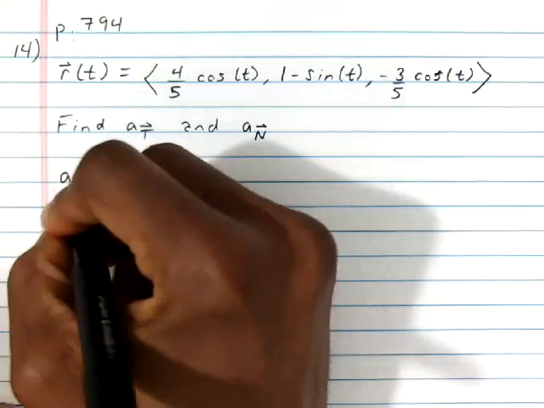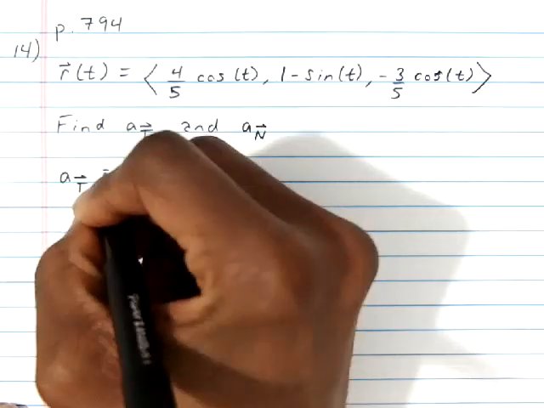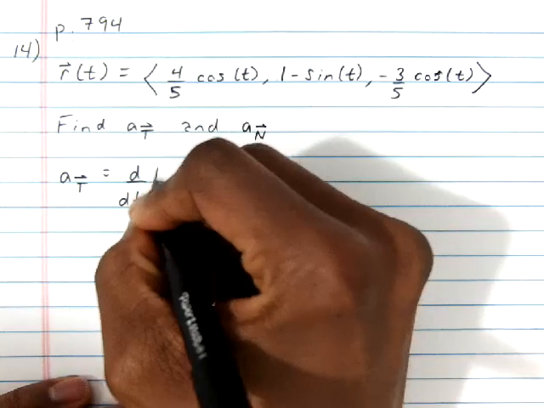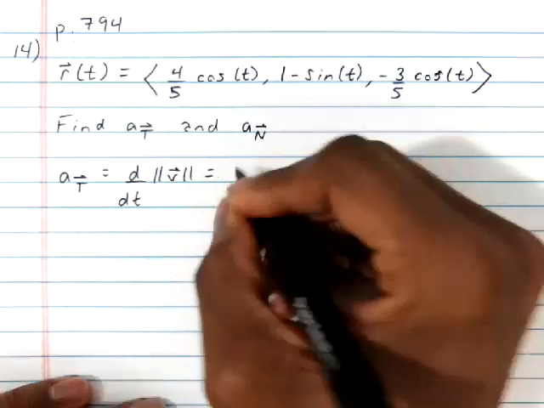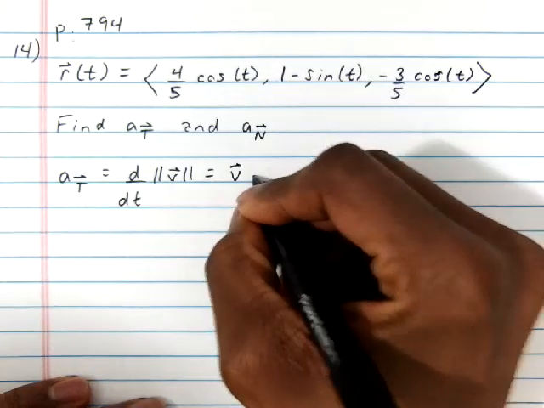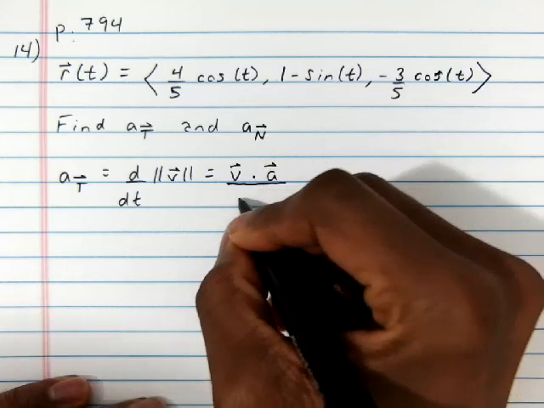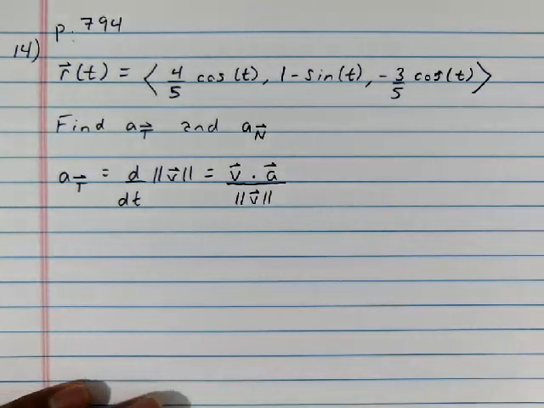So the tangential component of acceleration, two different formulas. We can either take the derivative with respect to t of the magnitude of velocity, or we can do velocity dotted with acceleration divided by the magnitude of velocity. So we can do either one of those.